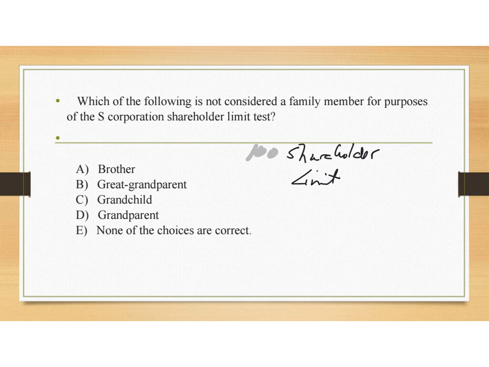And family members include a common ancestor with not more than 6 generations removed. So what does that mean? It means that all of these folks can be considered a family member, and the key here was which one of them is not. And so the answer is E. None of those choices are correct because all of those are family members for the purposes of the S corporation shareholder limit test.